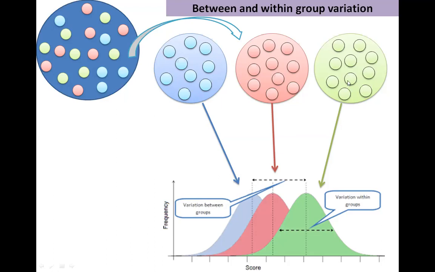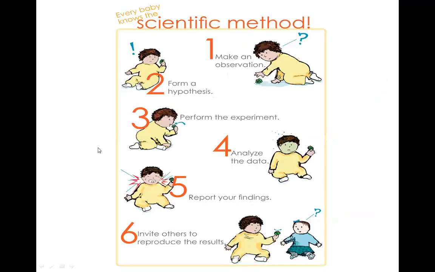On average, the mean value of each class is different. Again, within the class, the percentages secured by the students are different. So here we can correlate the variation as between the group and within the group. I think you are getting all this.